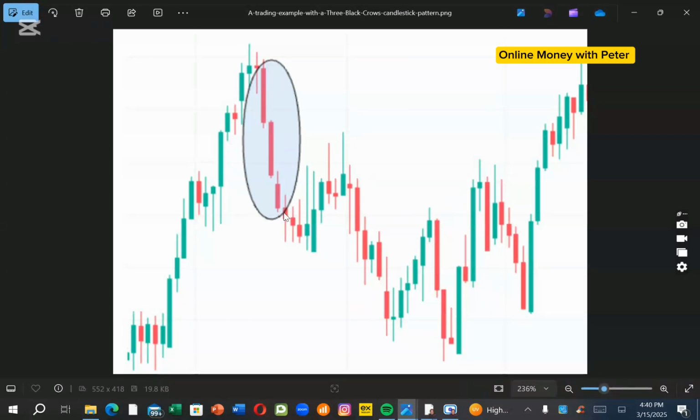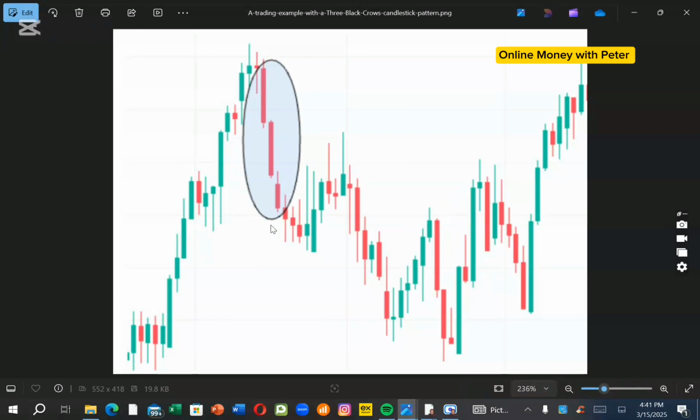Your stop loss would have to be somewhere here above, a little bit above this candlestick wick or shadow. And take profit can be according to your risk to reward ratio, could be maybe 2-to-1 or 2-to-1.5 or 2-to-3 depending on you.